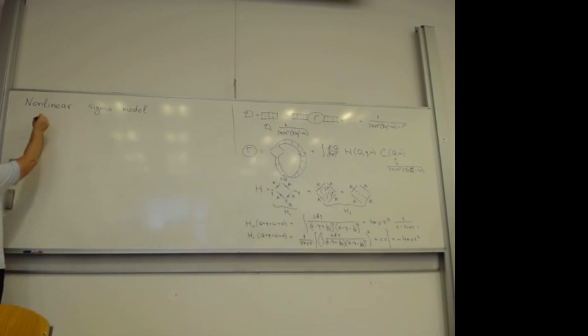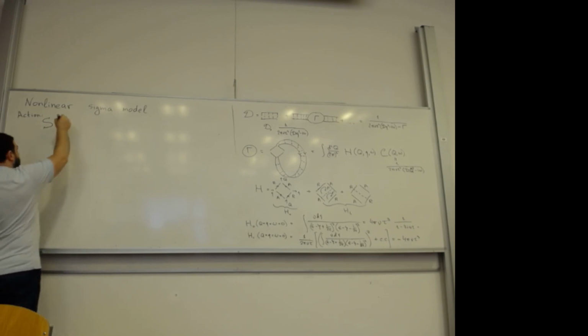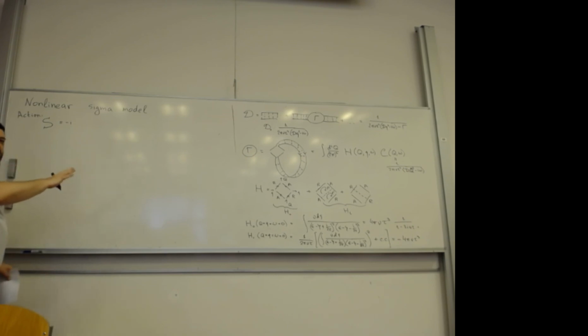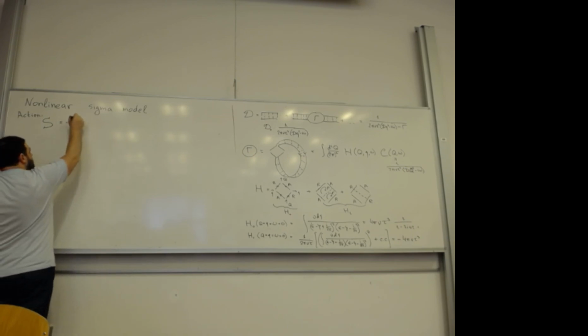So we started actually with a single electron picture. We have an action, which describes single electrons and equals minus, I'll write a few equations, then I will explain what each element means.